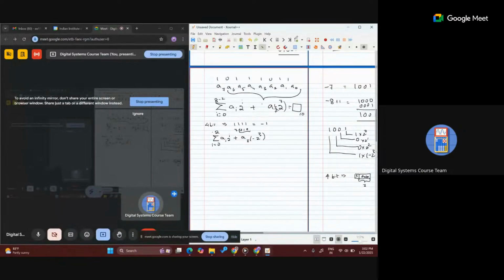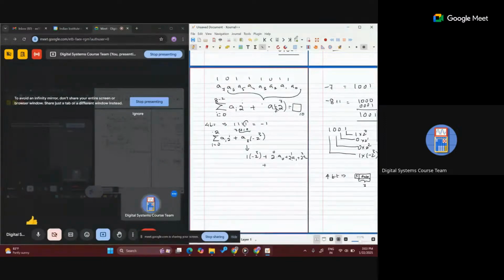Okay, this is A3. A3 is 1, times minus 2 to the power 3, plus I can expand the above expression: 2 to the power 0 times A0, plus 2 to the power 1 times A1, plus 2 to the power 2 times A2.